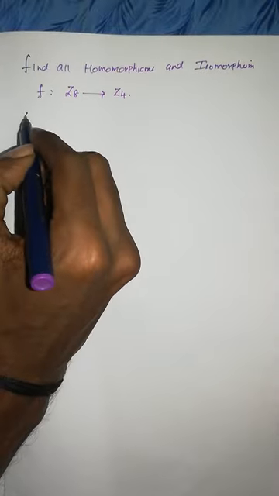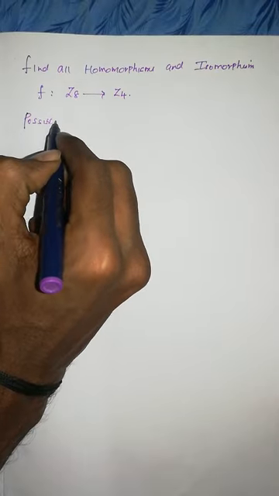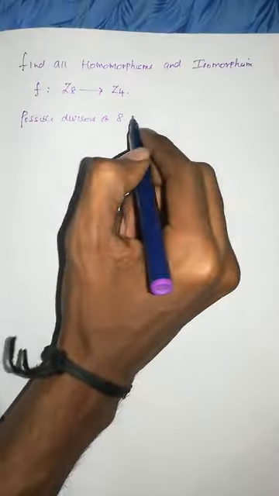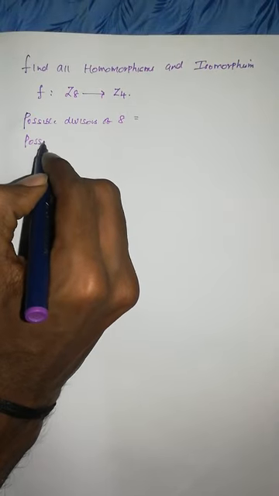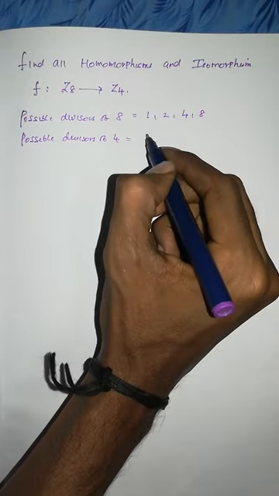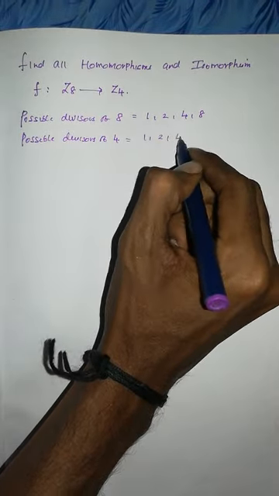So how can we find this? First, we want to find the possible order of an element for Z8 and the possible order of an element for Z4. How to find it? First, you find the possible divisors of 8, and then the possible divisors of 4. The possible divisors of 8 are 1, 2, 4, 8, and the possible divisors of 4 are 1, 2 and 4.